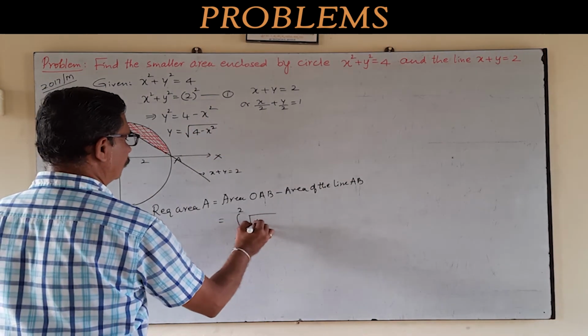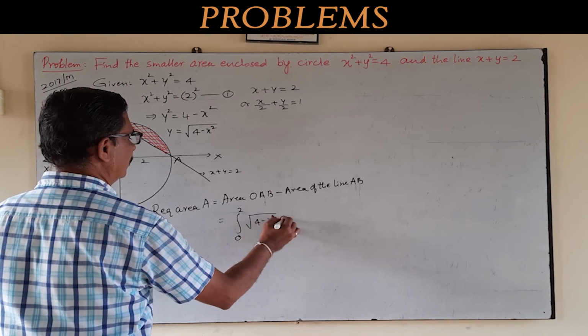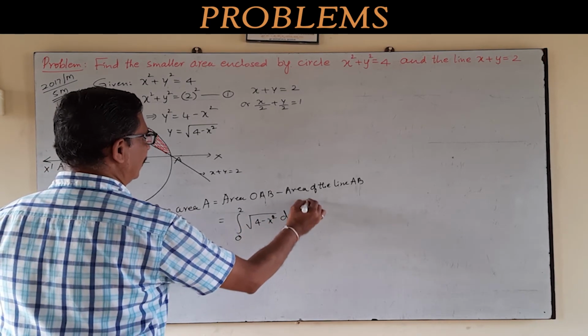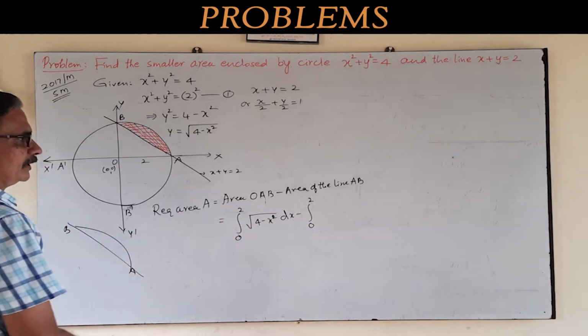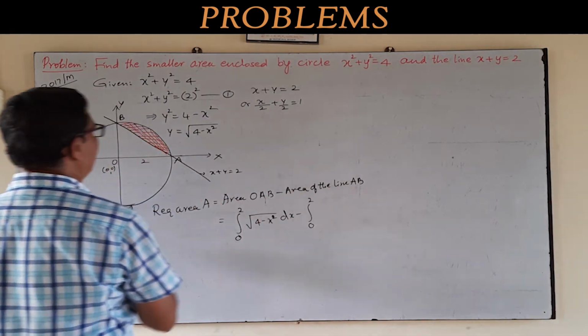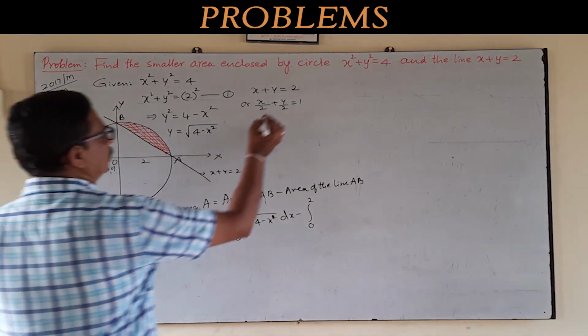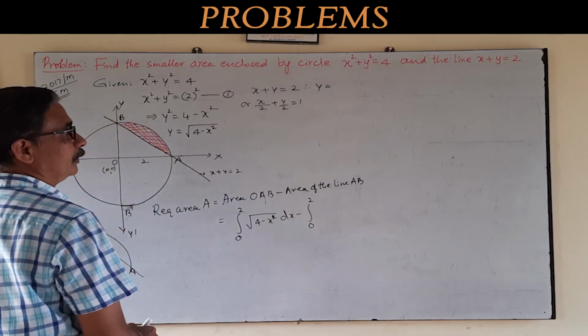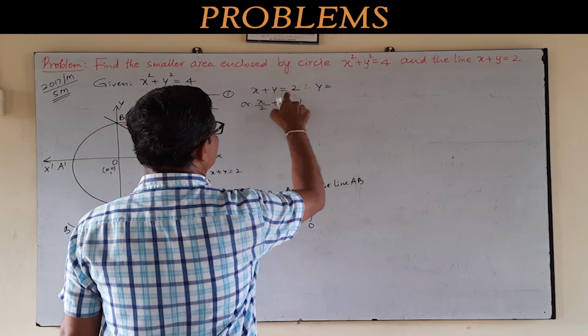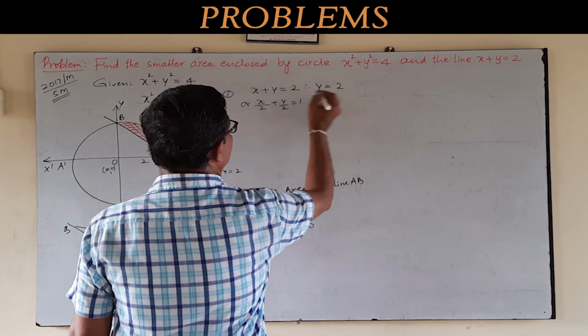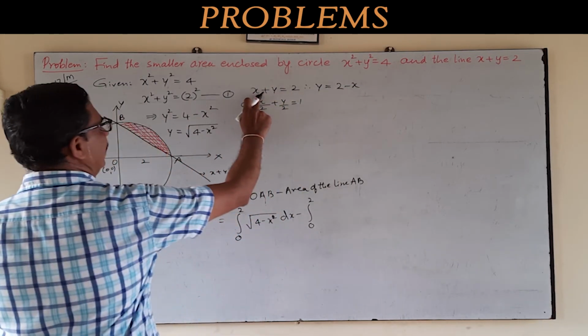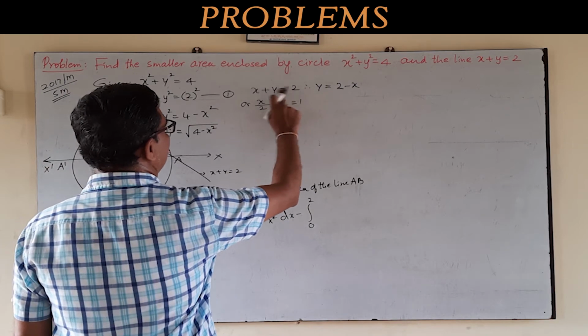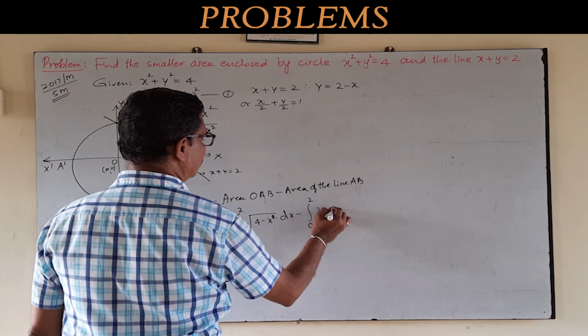So y value is root of 4 minus x square with respect to x, minus integral with the same limits 0 to 2, the area of the line AB. The area bounded by the curve with the x-axis is given by the formula integral from a to b of y dx. So what is y? X plus y is equal to 2, therefore y is equal to 2 minus x, right?